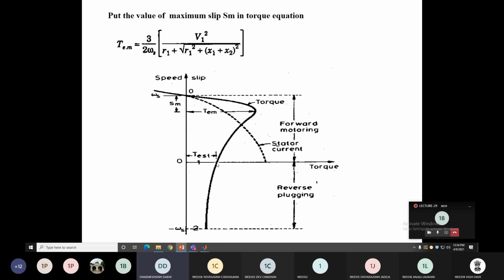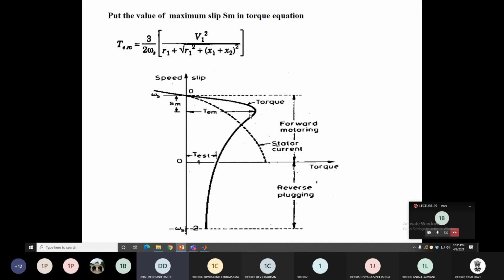As the motor gains speed and slip reduces from 1 to 0, the torque of the induction motor increases. And at a particular speed, you get the maximum torque.